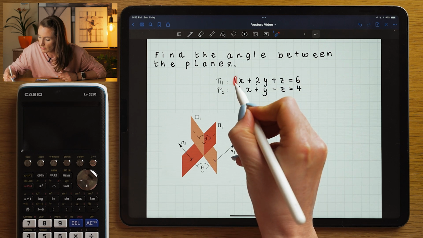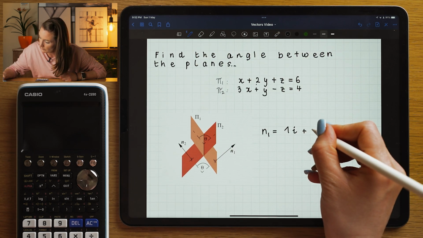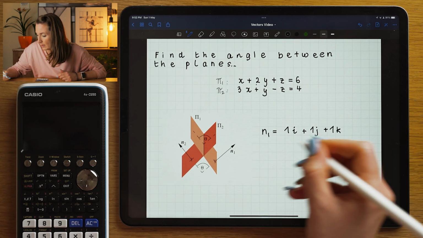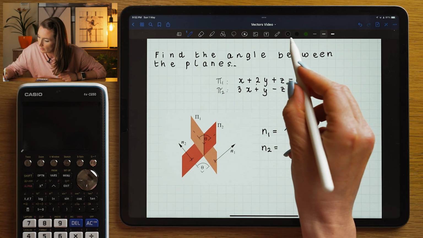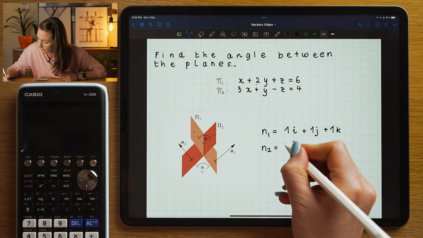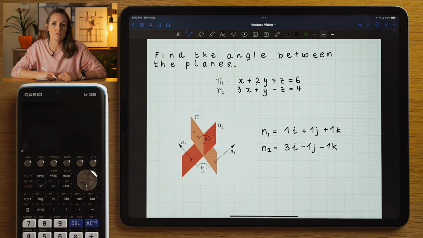So this will be 1, then 2, then 1. And we're going to repeat that process for the second normal here, which will be (3, 1, -1). If you want to get more into planes and the equation of a plane, I've made several videos on that, so check that out if this step has confused you.